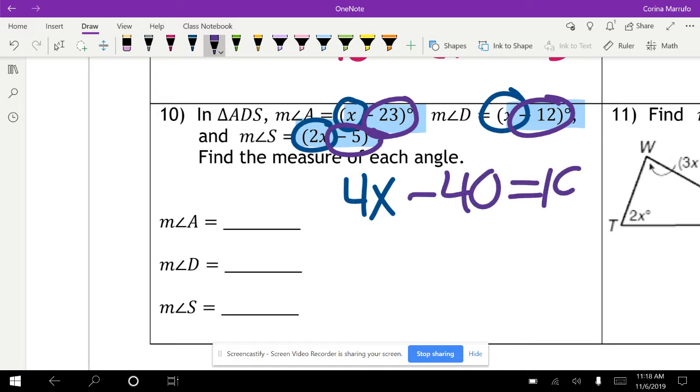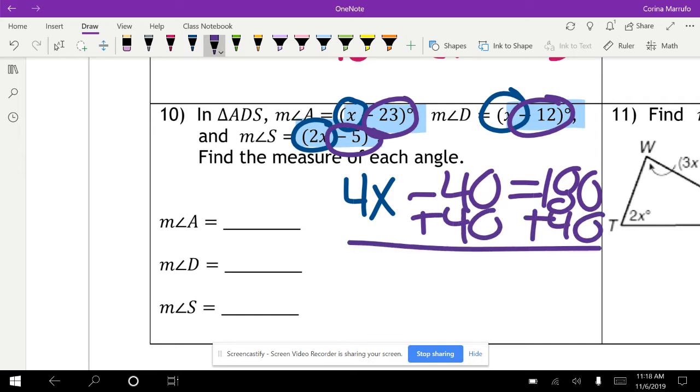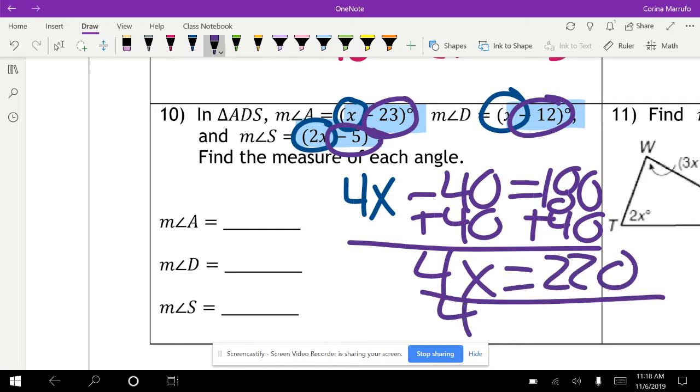And those should equal 180. So we're going to solve for x. We add the 40. 180 plus 40 gives us 220. So 4x equals 220. We divide by 4, and 220 divided by 4 gives us 55. So x is 55.